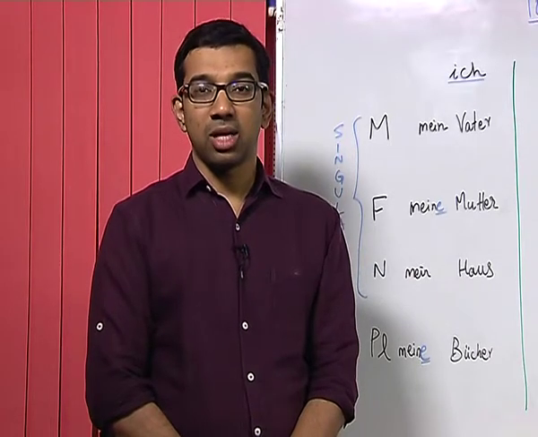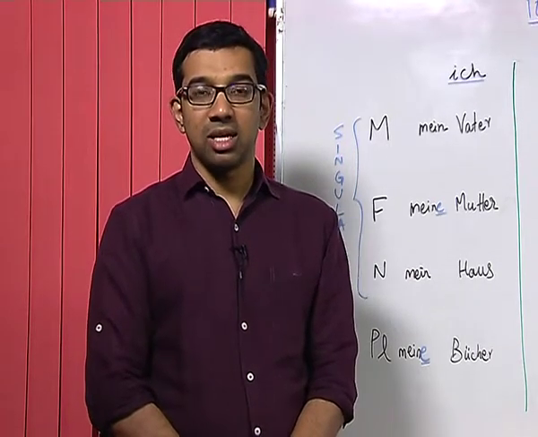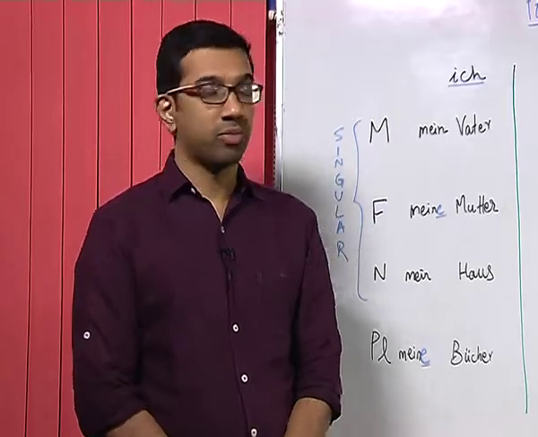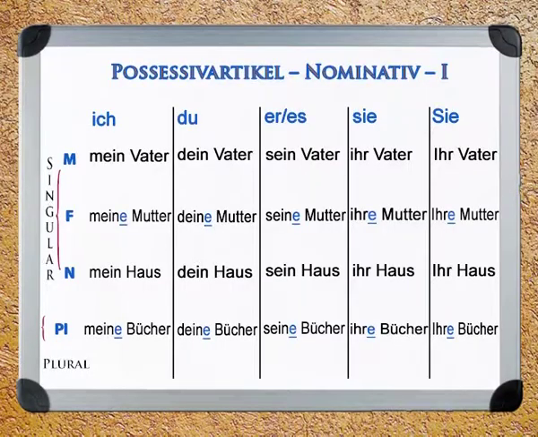Now, let us look at how the possessive article is constructed in German. In German, possessive article is constructed based on the pronouns. You are already familiar with these pronouns: ich, du, er, es, sie and Sie.